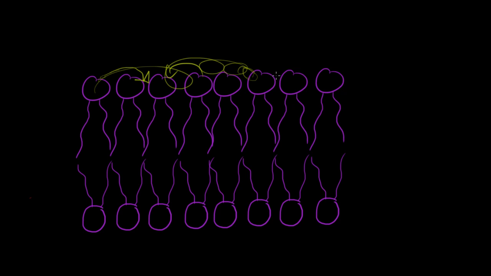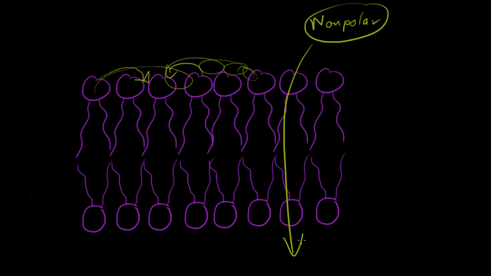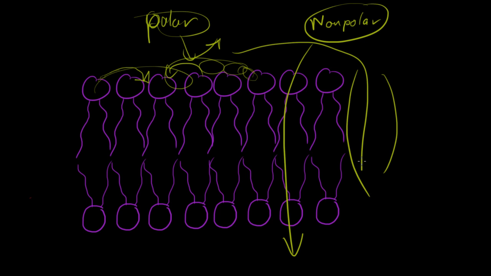And while it does move around, it does not mean that it's going to be easy to get in. While it is easy for nonpolar molecules to get through, they can just pass right through. Polar molecules, even though this is moving around and shifting all the time, they still can't get through. And they still need the help of these transmembrane proteins to allow passage to where they need to go.